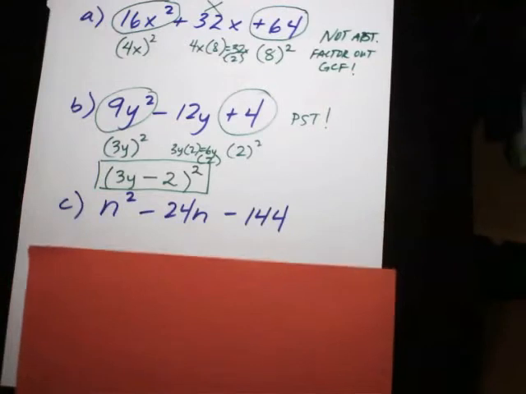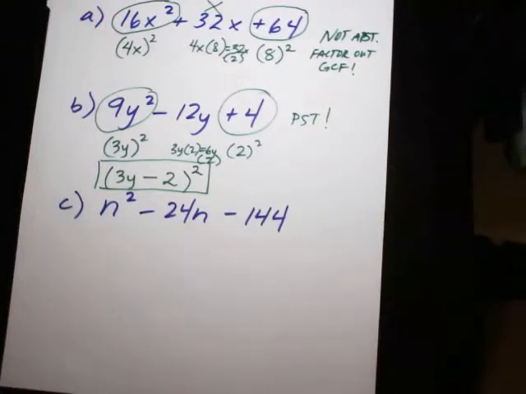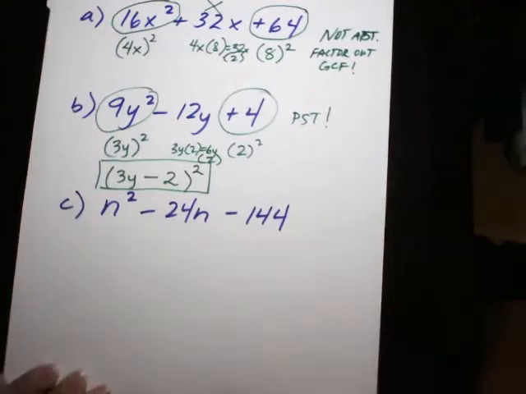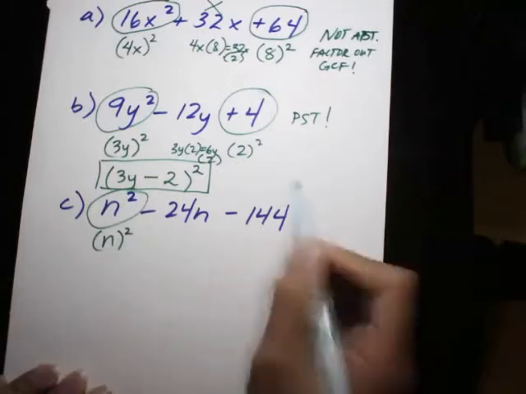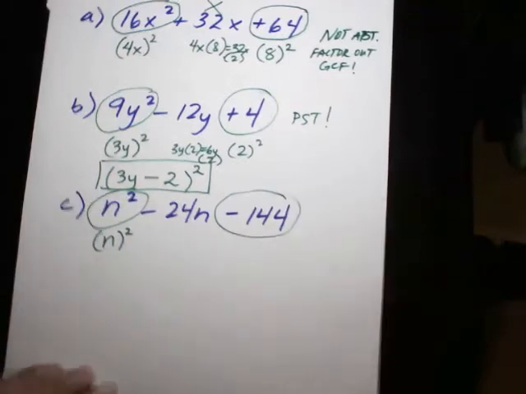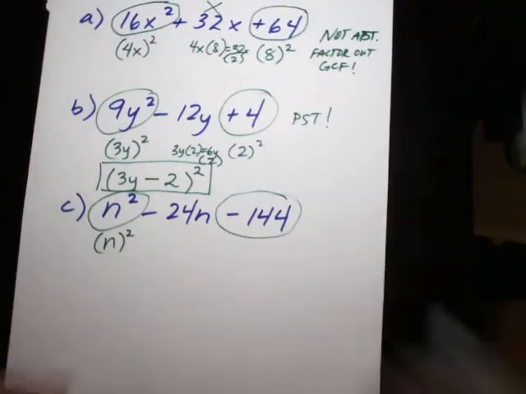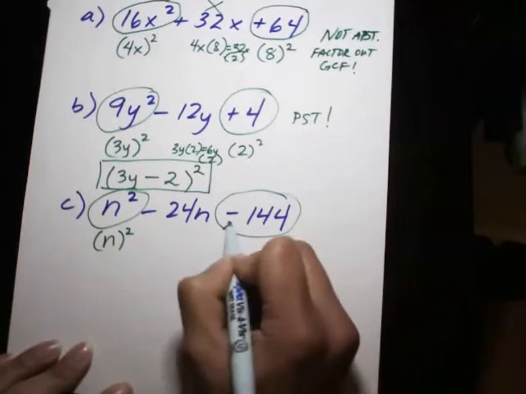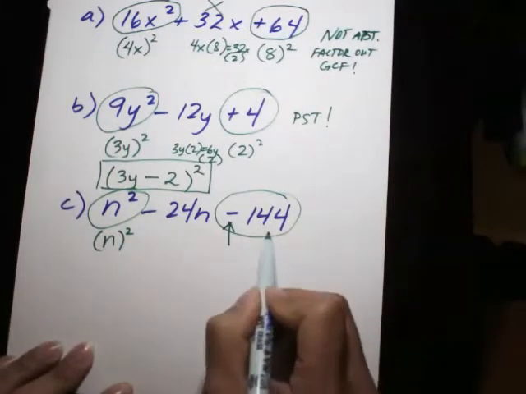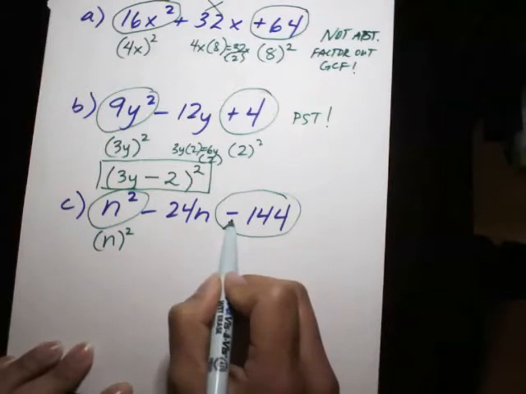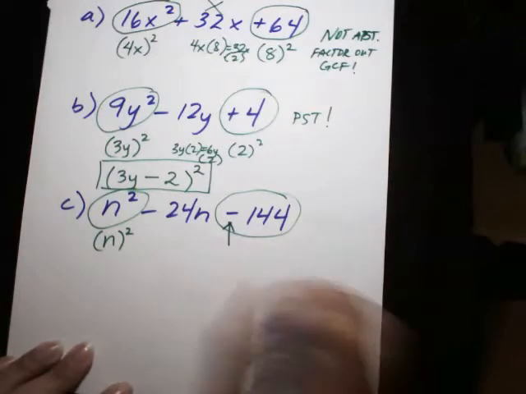And the very last one, let's take a look at C. n squared, well, yeah, that's n squared. Negative 144. This is where I said to be very careful. You cannot have a negative here because, yes, 144 is a perfect square, but how can we make a negative by squaring?